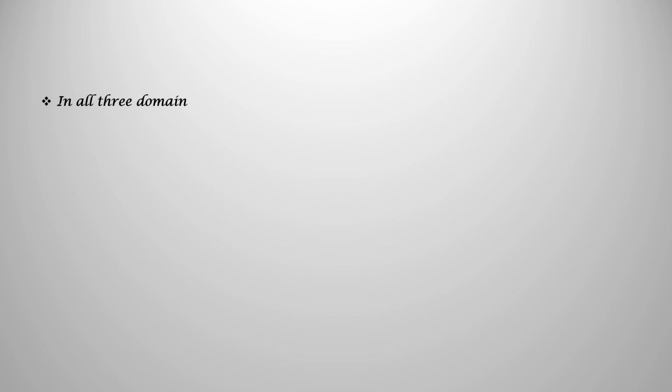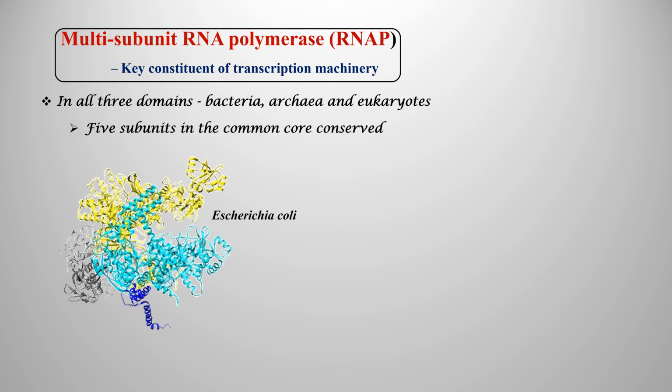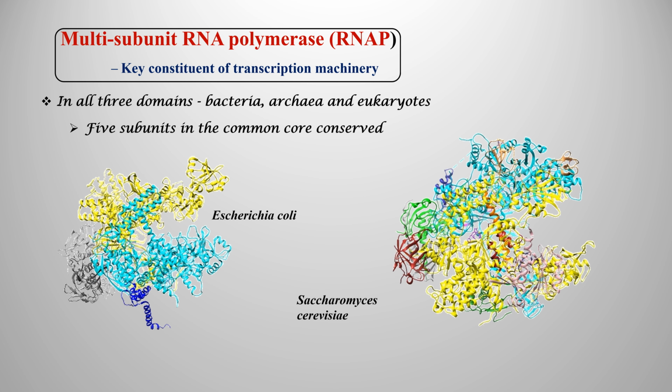In all the three domains of life, bacteria, archaea, and eukaryotes, the key constituent of the enzymatic machinery is the multi-subunit RNA polymerase. 5 subunits in the common core are conserved in all the three domains. Here we have RNA polymerase from E. coli and that from yeast.